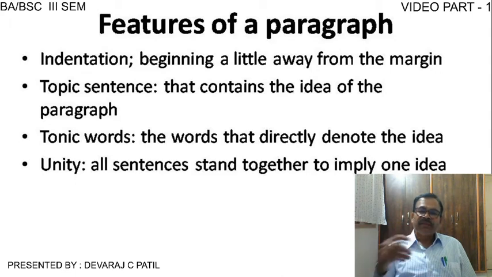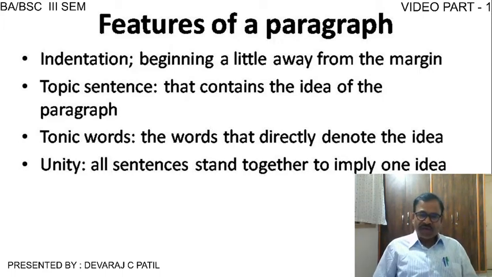Then unity. There shall be a set of sentences, and those sentences may be 15 or 10 or 20, whatever the number may be. But all those sentences should have some logical connection or some coherent arrangement in that paragraph, so that the reader, when he reads all those sentences, will easily comprehend the paragraph because of its coherence.